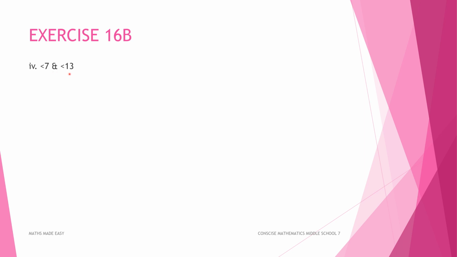Angle 7 and angle 13. This is a diagram which they have given and they are asking us to find the relation between 7 and 13. Look here carefully, children. 13 is towards the exterior side and 7 is towards the interior side, right?